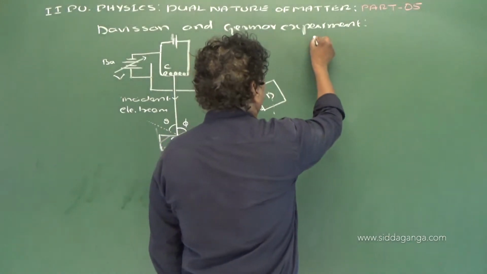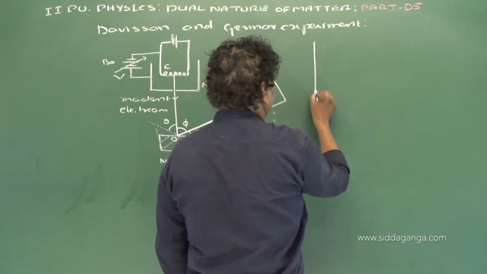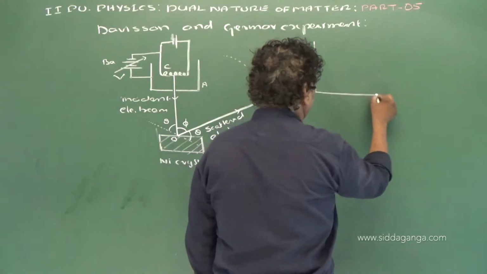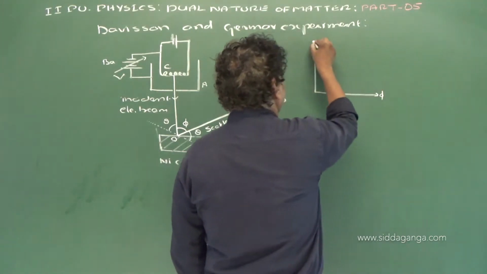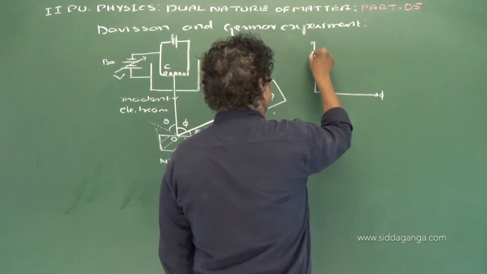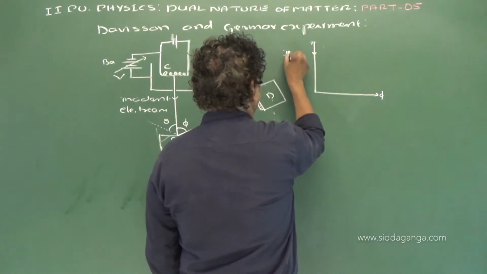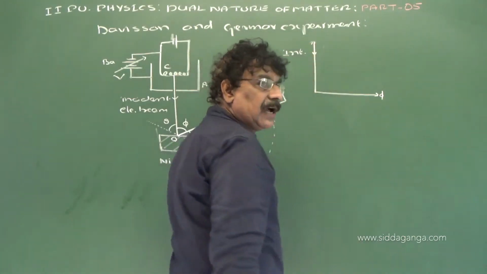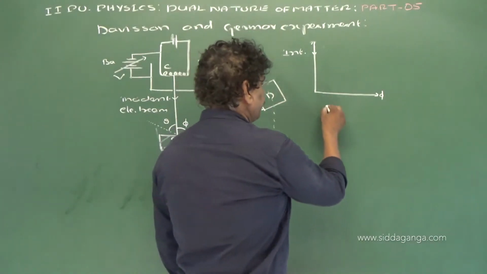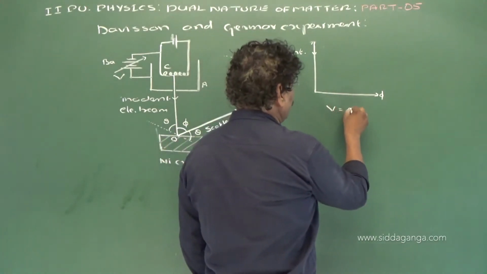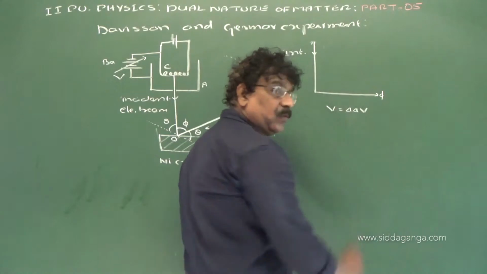Now, here this is intensity of scattered light, say at V equal to 44 volt.